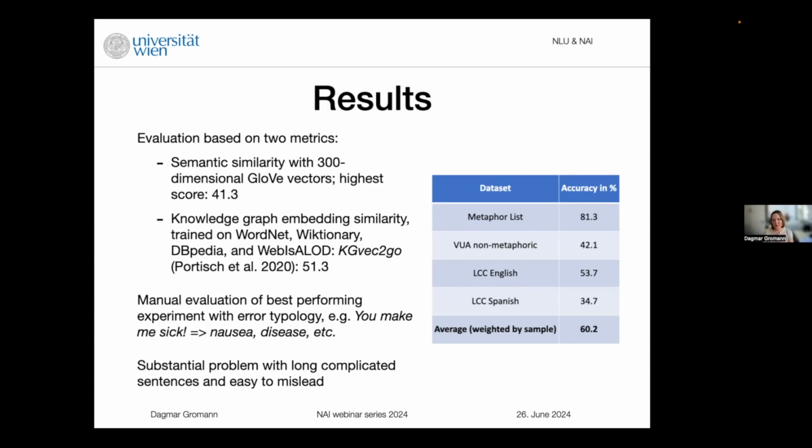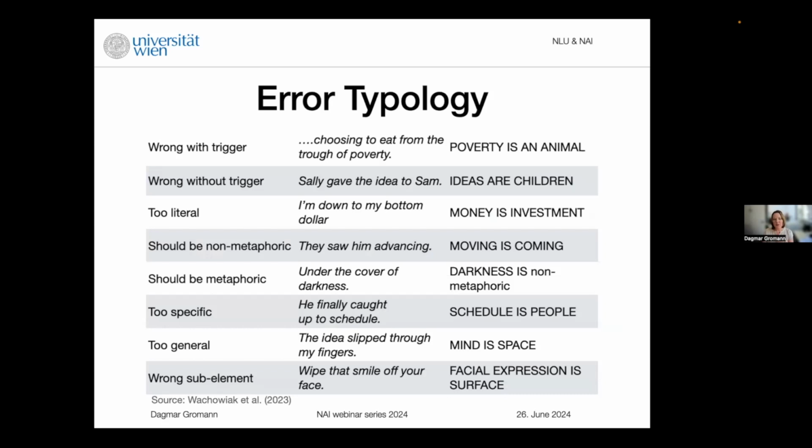To show an example, in the error typology that we proposed, words like a trough, which is associated with animals, immediately lead the model to propose animal as a source domain, which would then build the metaphor poverty is an animal, which for this case is not the correct prediction.